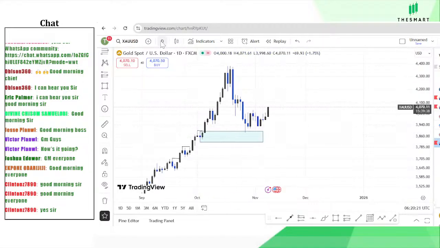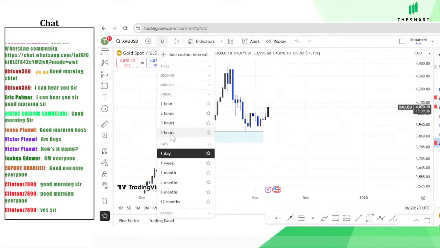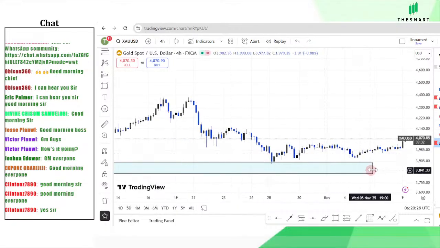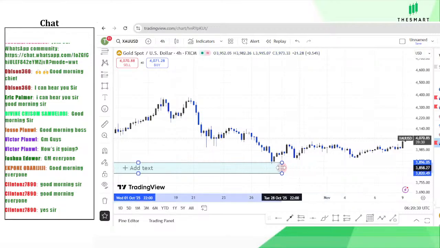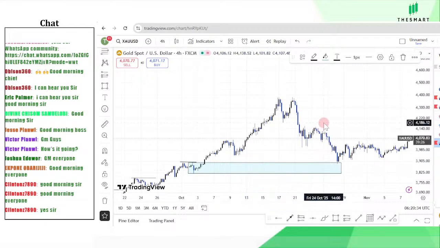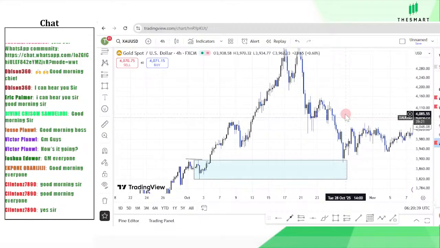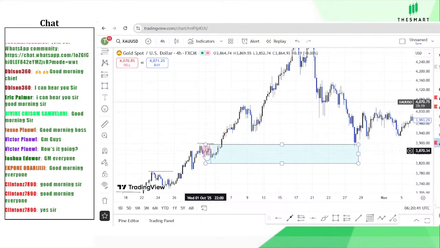Now let's step down to 4 hours. So after a long sell on gold for the past 2 weeks, alright, so this is what we have on 4 hours.